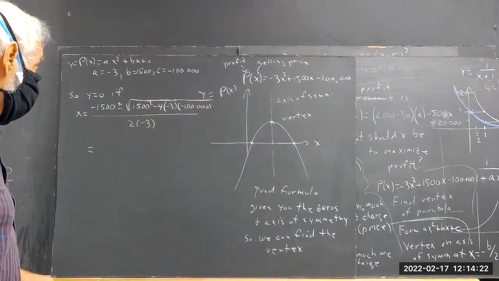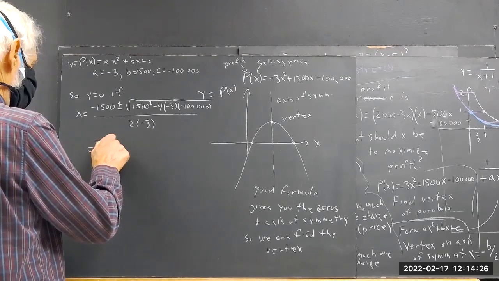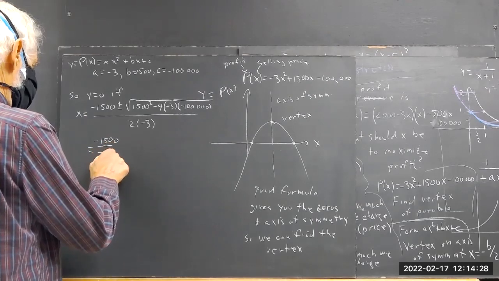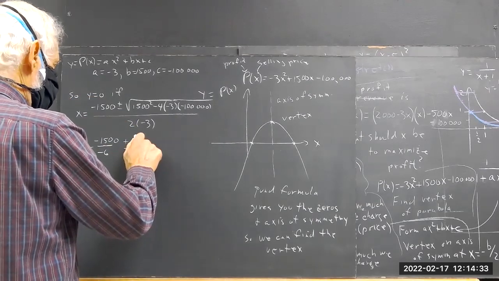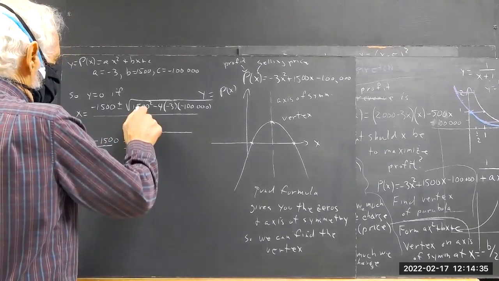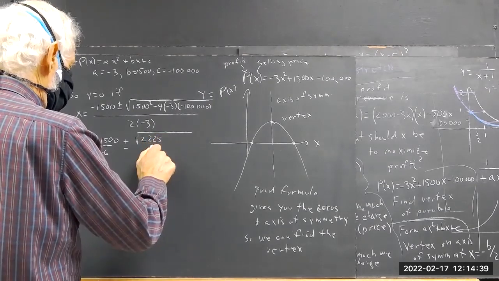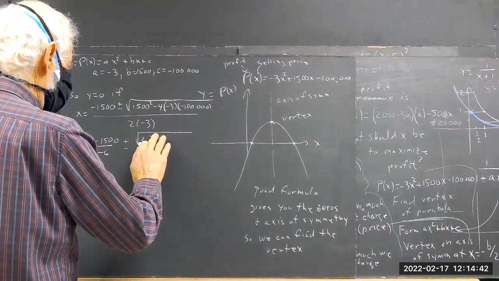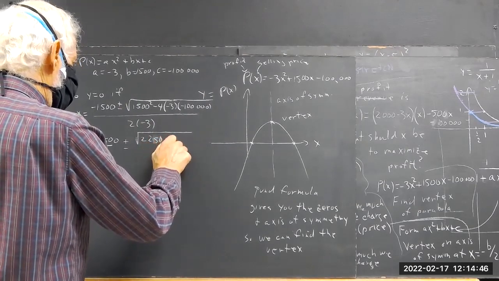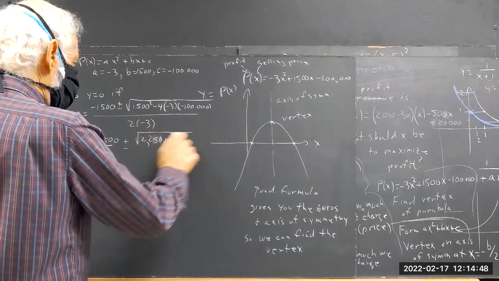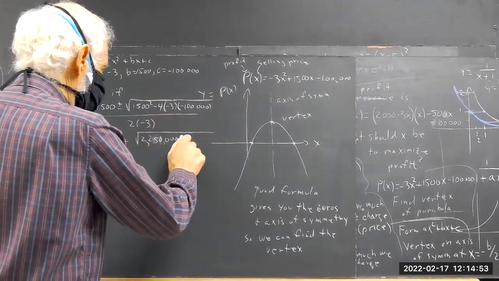Well, you got some pretty big numbers in here. Is this positive or not? Well, I'll do the negative 1,500 over negative 6, plus or minus the square root of, well, 1,500 squared is 2,250,000.